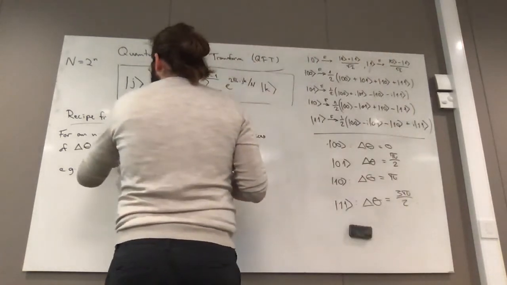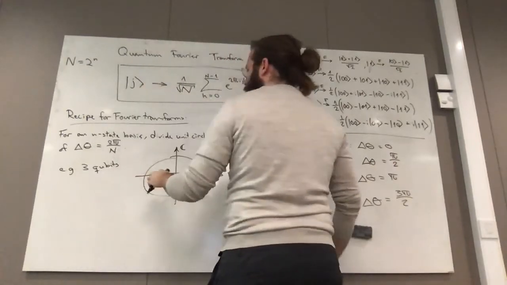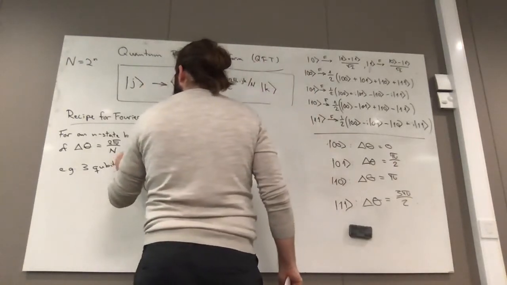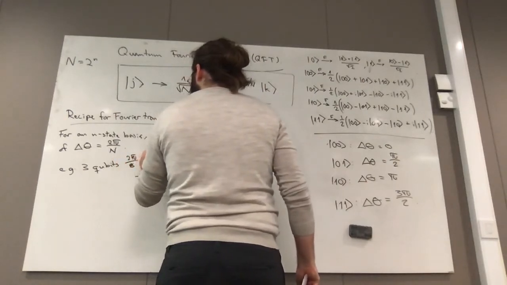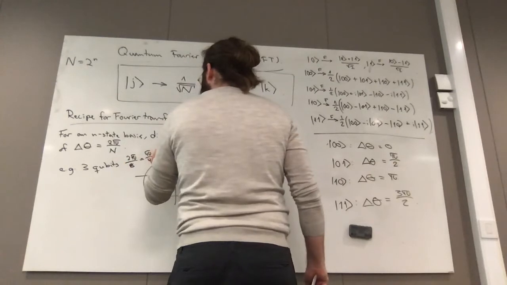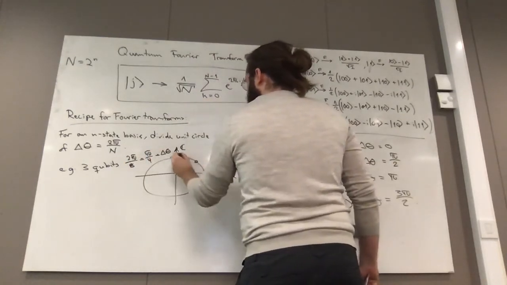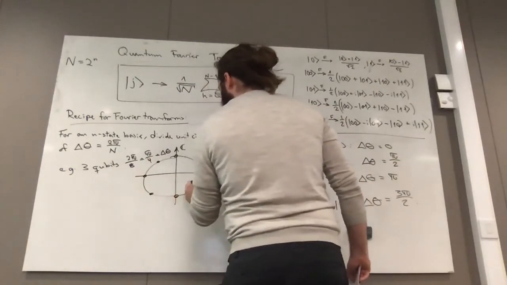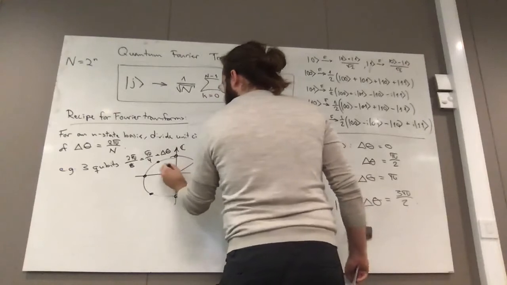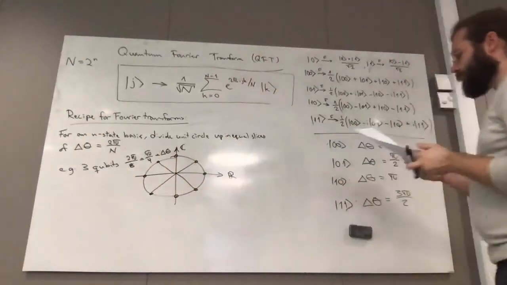I think this is supposed to be capital N. So you get 2 pi over 8 equals pi over 4 equals delta theta. Because then you get the kind of picture here, right? So you get a pizza of a sort.